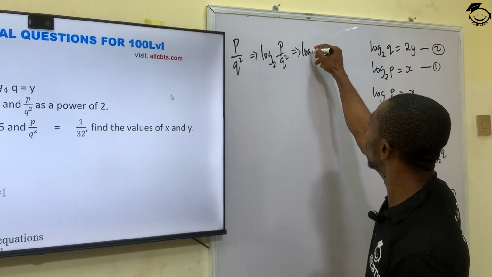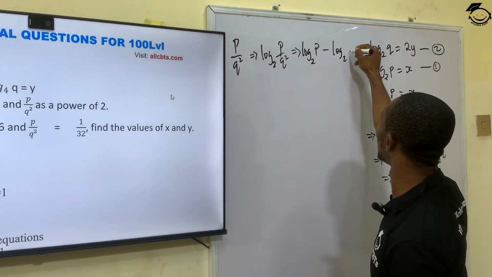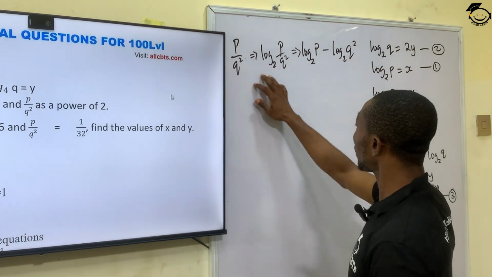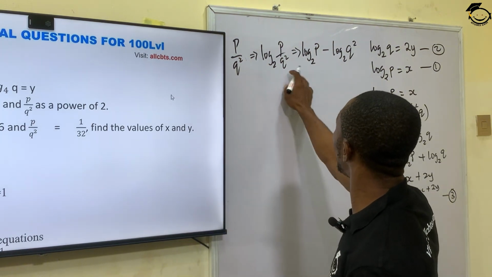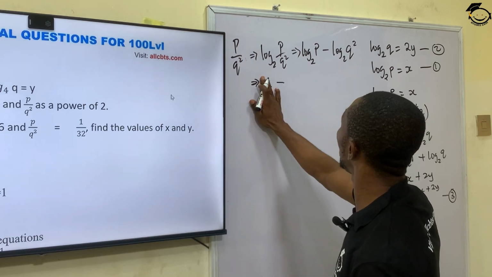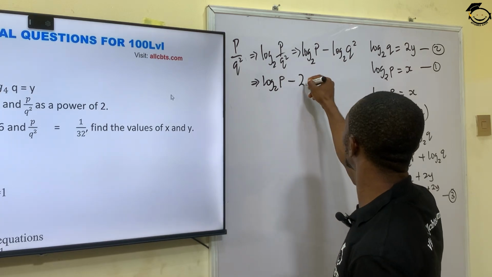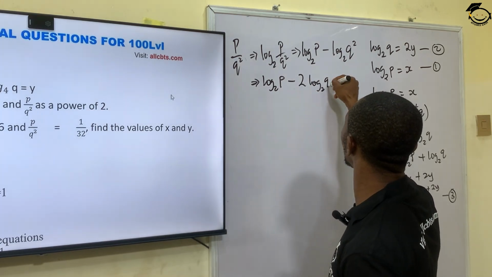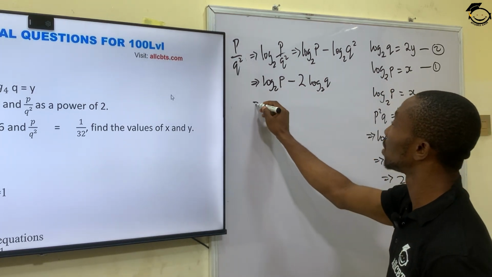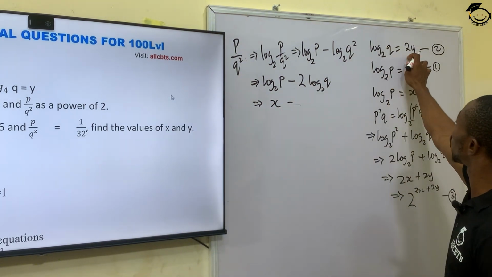So this becomes log₂p minus log₂q squared, which is log₂p minus 2 log₂q. Our log₂p is x and our log₂q is 2y.